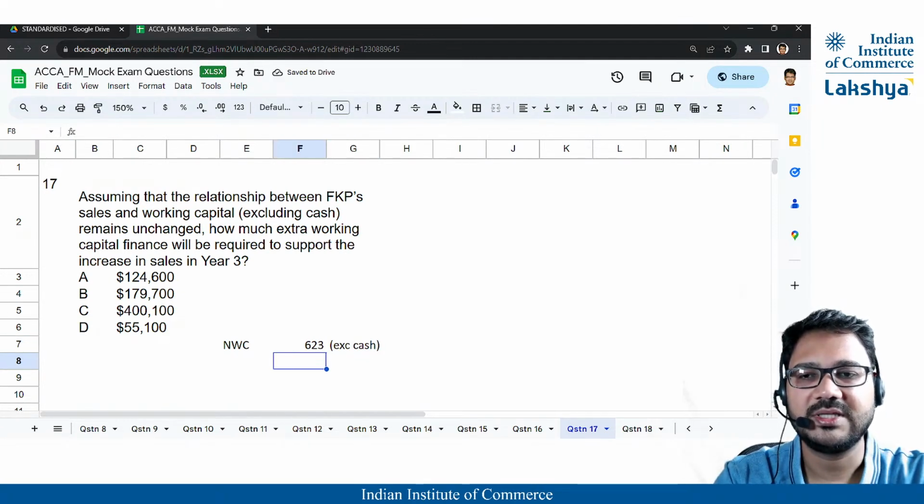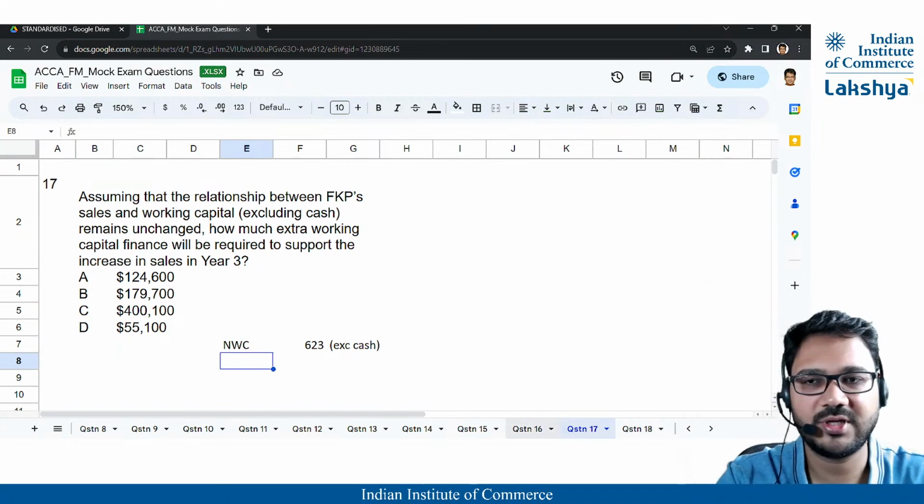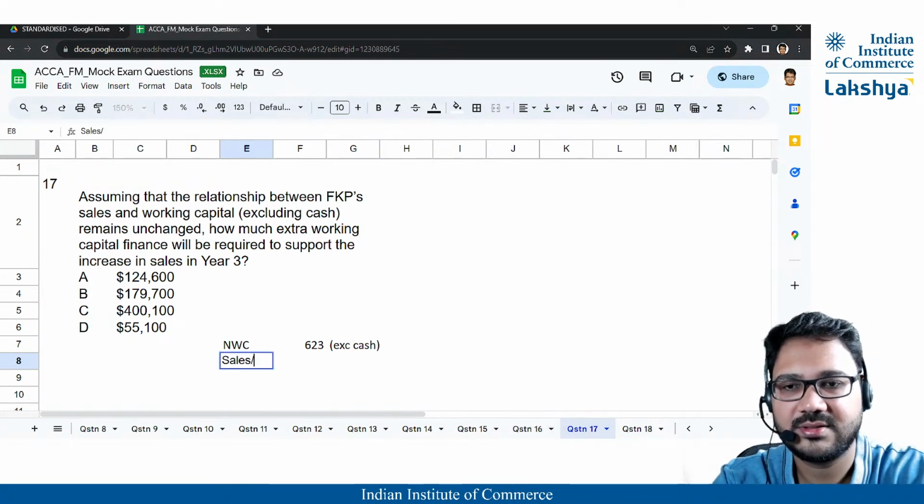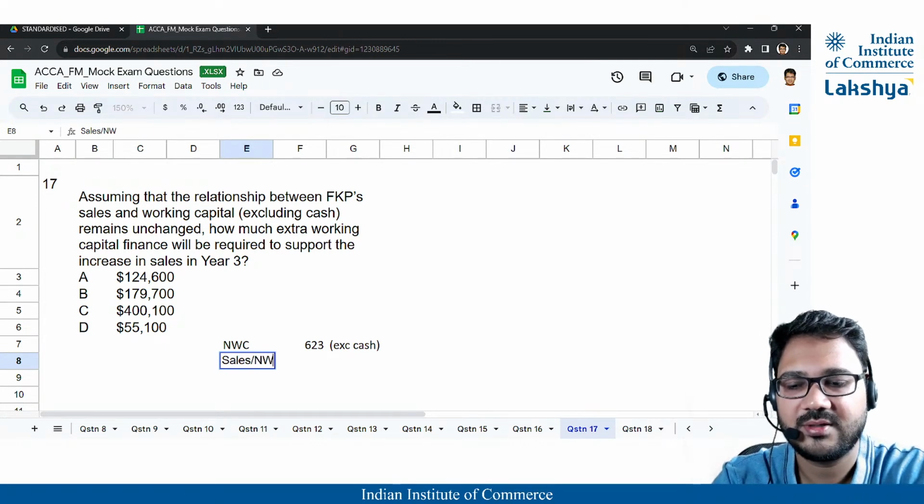Now they say that sales for year 3, what is required? The formula is sales by net working capital.